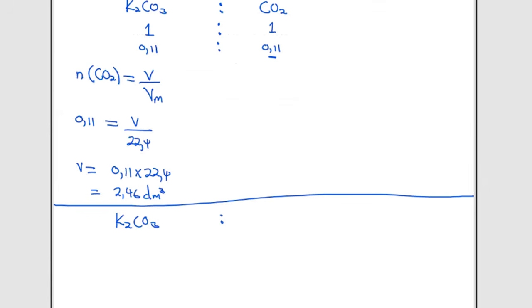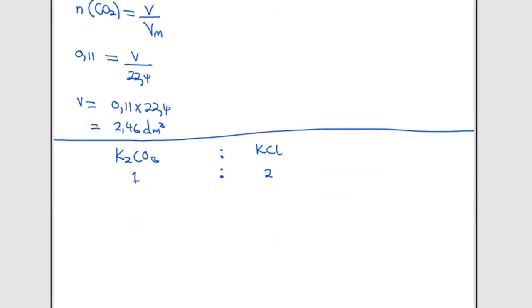So I'm going to say KCl on this side, and the mole ratio again here is 1 is to 2, right? So why are we using K2CO3, our potassium carbonate? Because there we have the number of moles of potassium carbonate, which according to our calculations is 0.11. So if I'm having 1 this side, I'm having 2 this side, it means I'm supposed to double this one.